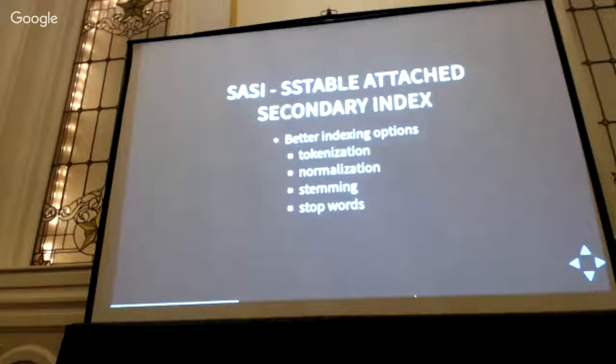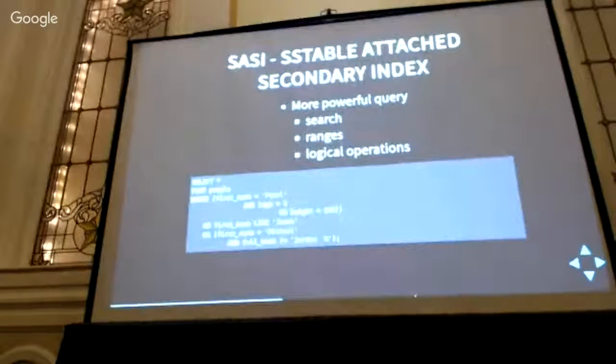So indexing on the write side, it brings in a lot of full text analysis concepts like tokenization, normalization, all those good things that we didn't do originally. And then on the query side of things, it gives a much more expressive and powerful query syntax, including search type operations like prefix matching, suffix matching, range queries over numeric values, and logical operations.